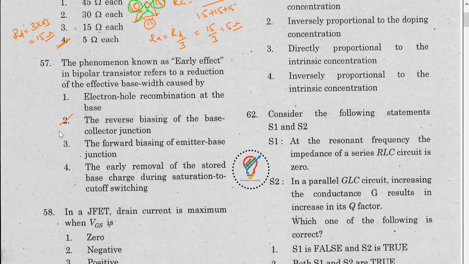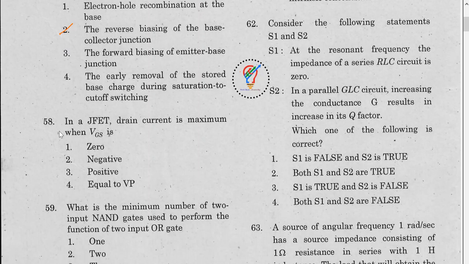Next question. In a JFET, drain current is maximum when the voltage between gate and source is? The basic formula: ID is equal to IDSS, the saturation current, into (1 minus VGS by VP) whole square.